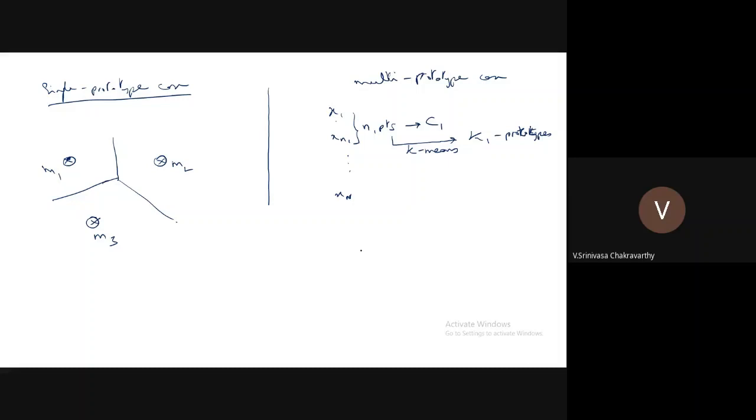So let us say these are the prototypes for class 1, and these are the prototypes for class 2. These are all class 3, these are all class 1, these are all class 2. Okay, if you have prototypes like this.